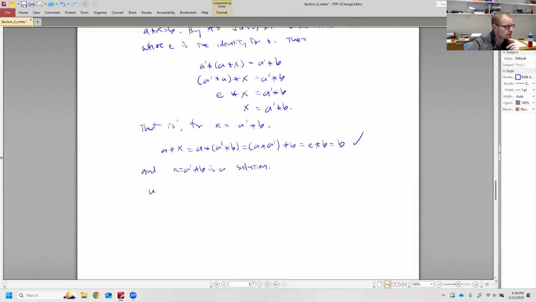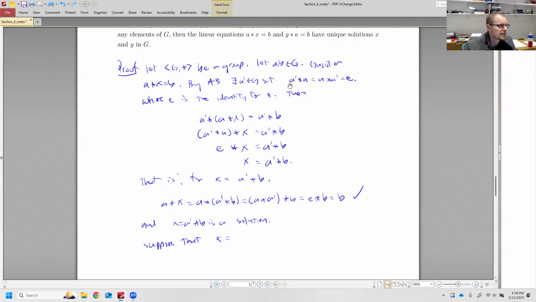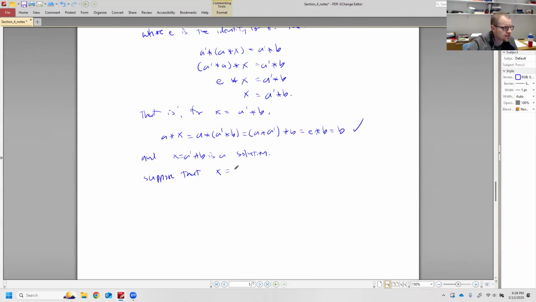Suppose that x equals C. Well, actually, there's a detail that I'm missing in here.